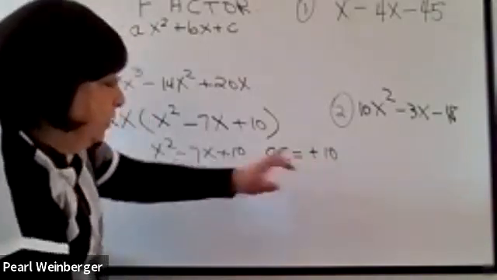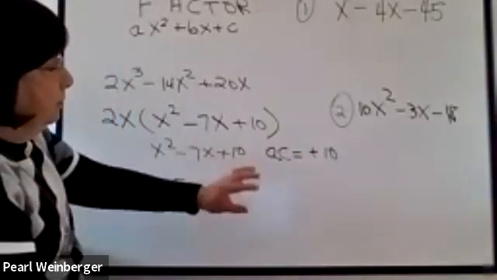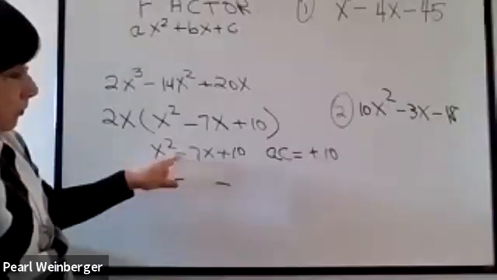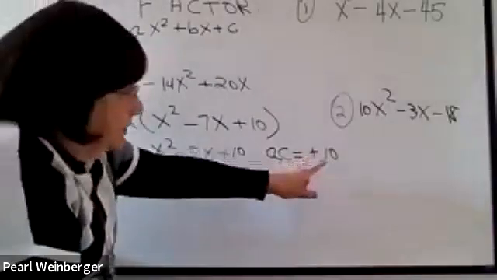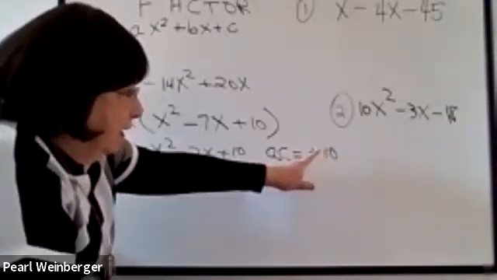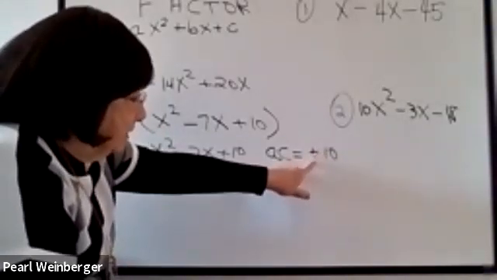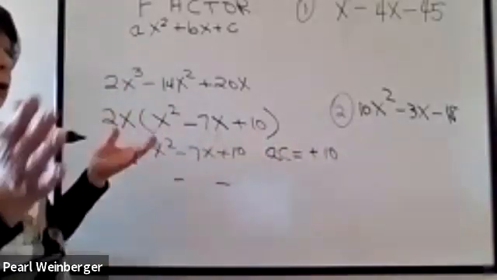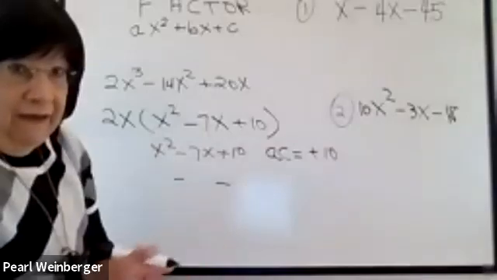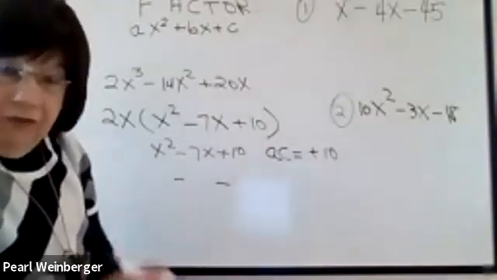But when the AC is positive, either they're both positive or both negative, and you can tell by looking at your middle term. And then you say, I need to multiply two numbers to 10, but this is positive, so it has to add to 7. What two numbers multiply to 10 and add to 7? I think everybody would come up with 2 and 5. 5 and 2. Right.